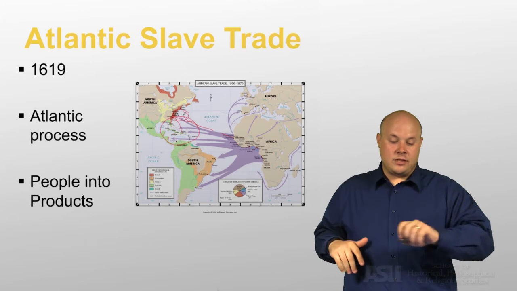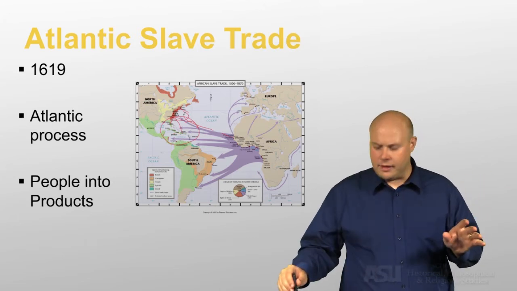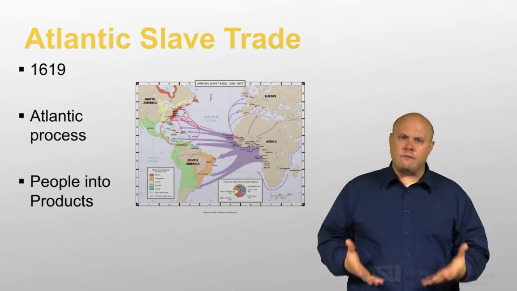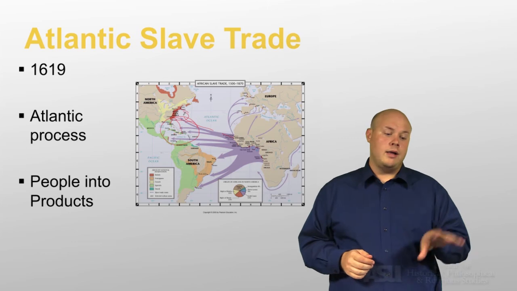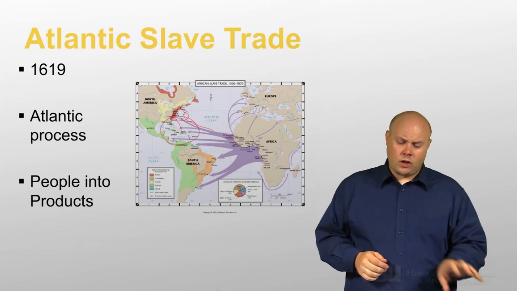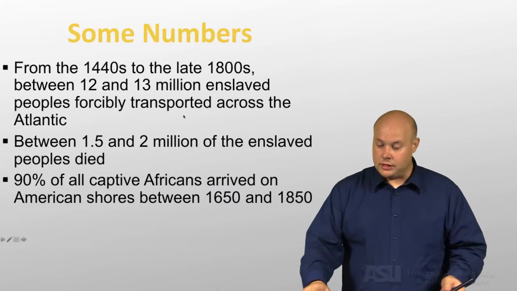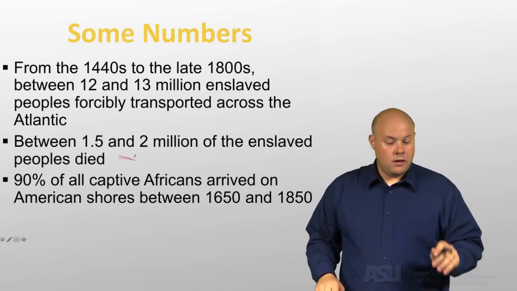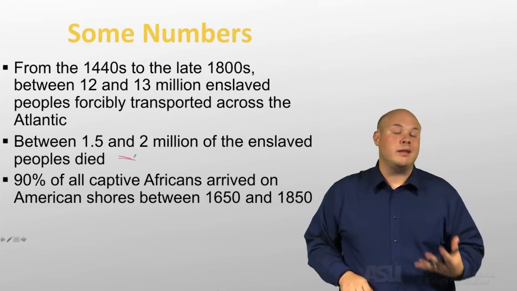So it's not like just because 500,000 are going to North America that it's unaffected by the slave trade. Even then, 500,000 is a large number for people migrating into North America. And importantly, what we're going to see in North America that we don't see in other places. So you see this stat right here. Of that 12 to 13 million, nearly 2 million of them die.